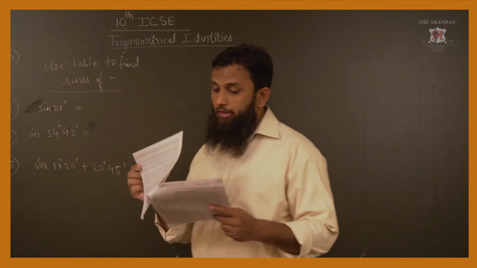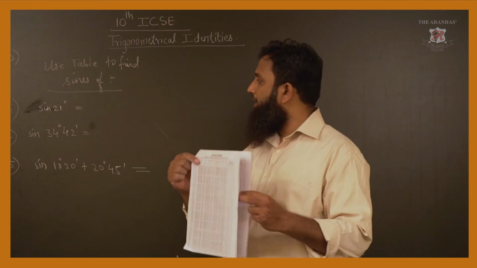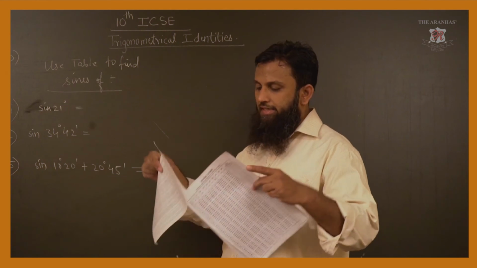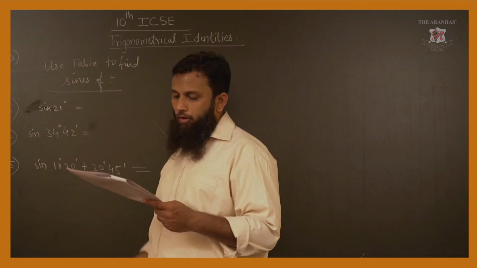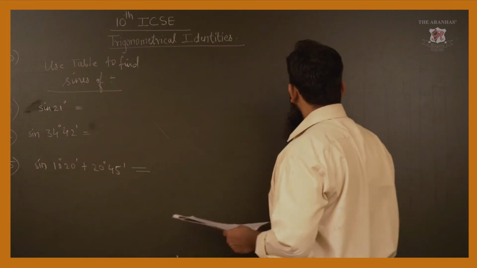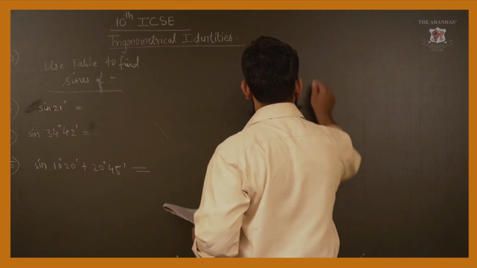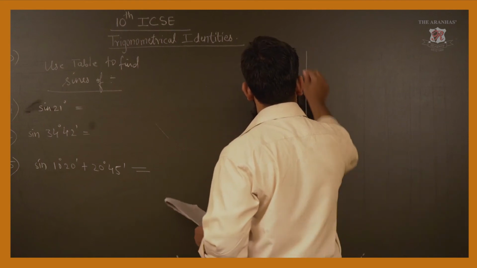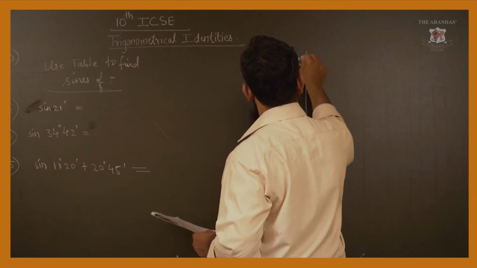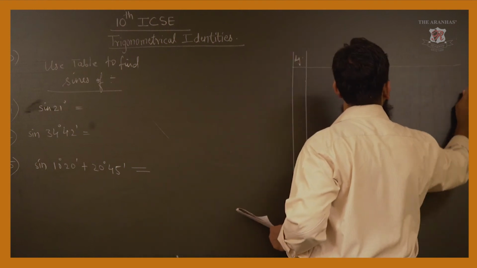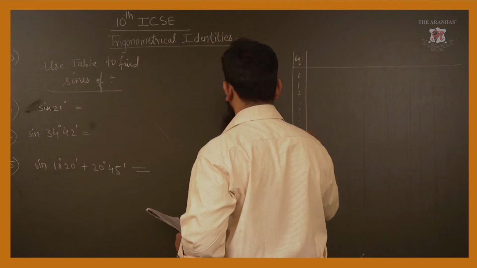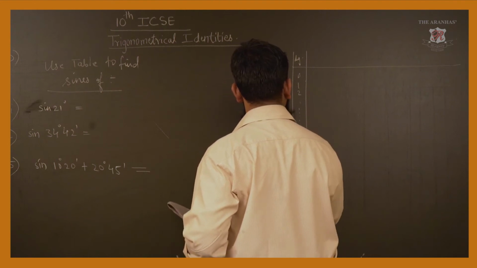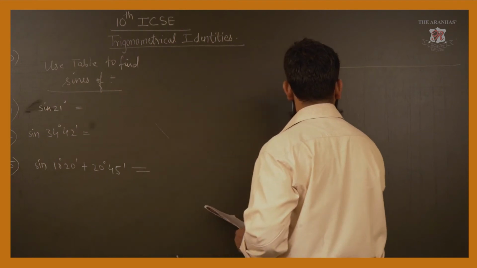The first important thing is you should open the page of natural sines, and in natural sines you should go for, as I told you, the layout. Always keep the layout in your mind. This is degree, 0, 1, 2, this will go up to 21, 22 like this.